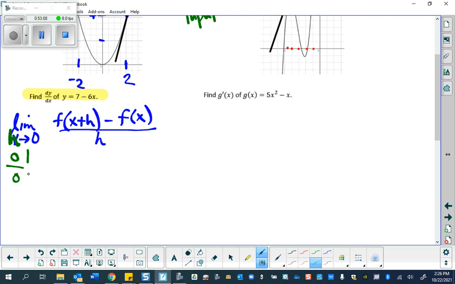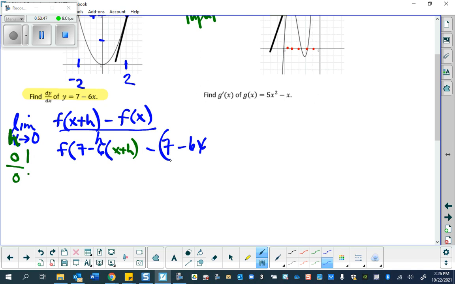So what we're going to do first is take our function f of x, and I have f of x plus h. So f of x plus h is 7 minus 6 times x plus h, and then that's going to be minus your function f of x, which is 7 minus 6x.